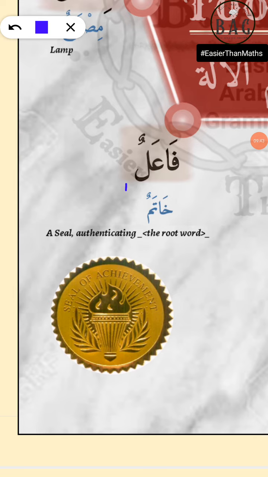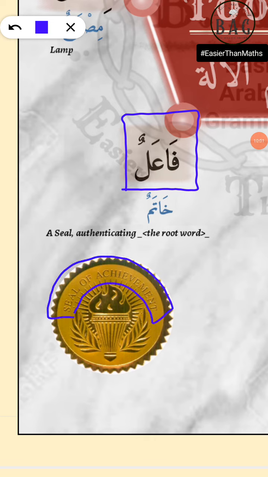that the pattern of fa'alun is like a stamp or a seal that authenticates anything. Just as you have the seal of achievement over here, you find these seals on degrees or certificates, or other verdicts, on such legal and important documents, and they are more of a declaration of something.